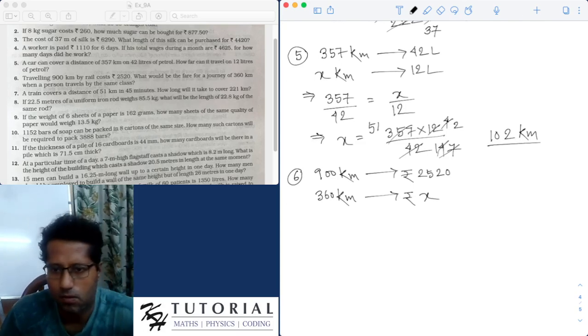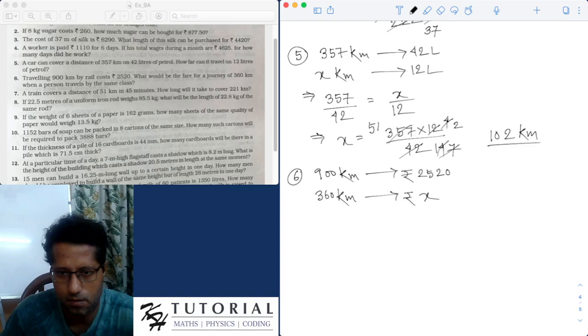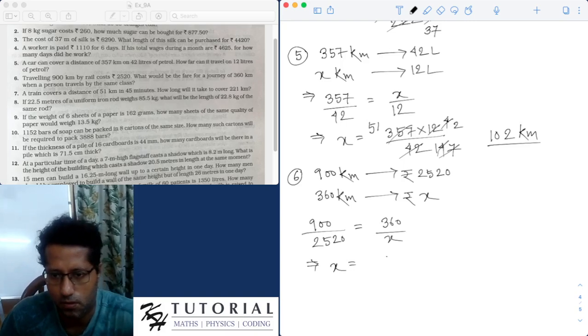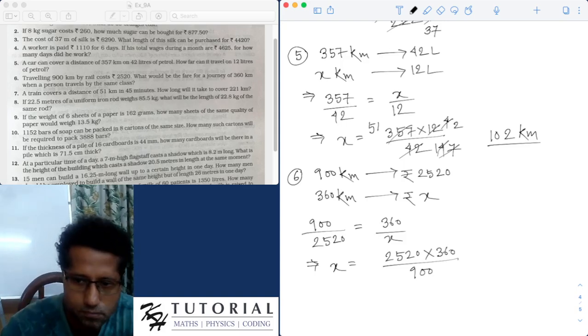Okay. Now, using the concept that the ratio remains same, we can say that 900 divided by 2520 will be equal to 360 by x. This implies x will be equal to 2520 multiplied by 360 divided by 900.